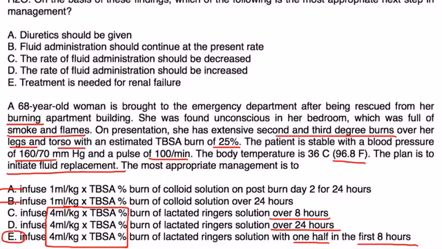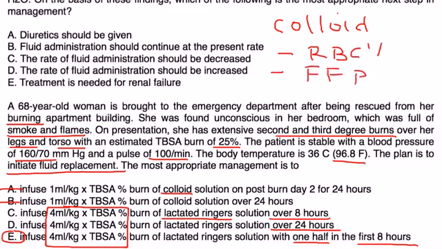Just before I close, I wanted to point out the difference between colloid and lactate ringers. Colloid, for those of you who don't know, colloid solutions, examples of those are red blood cells given to patients, or fresh frozen plasma, or albumin solutions. And then the other type is known as crystalloid.